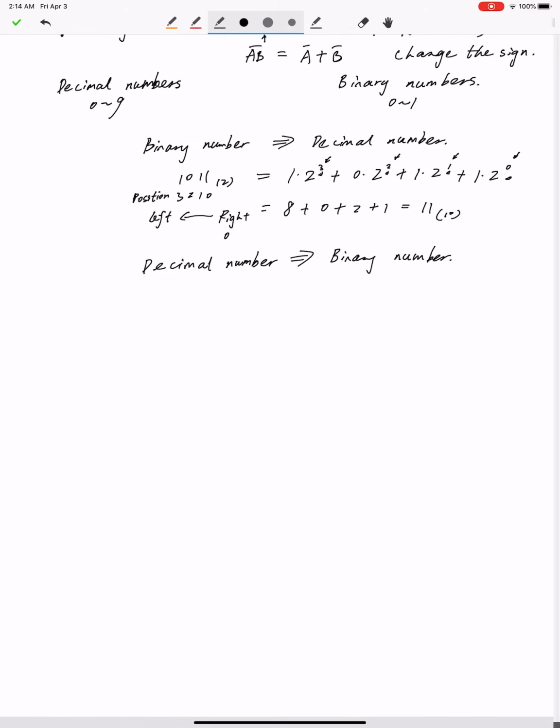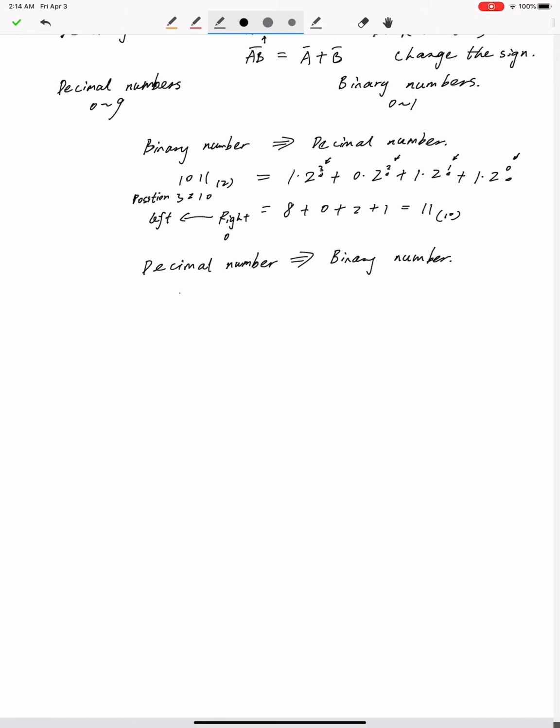The method we mentioned is called repeated division by 2. For instance, if you have 11, this is a decimal number. If you want to find the corresponding binary representation, we just need to divide 11 by 2, right?